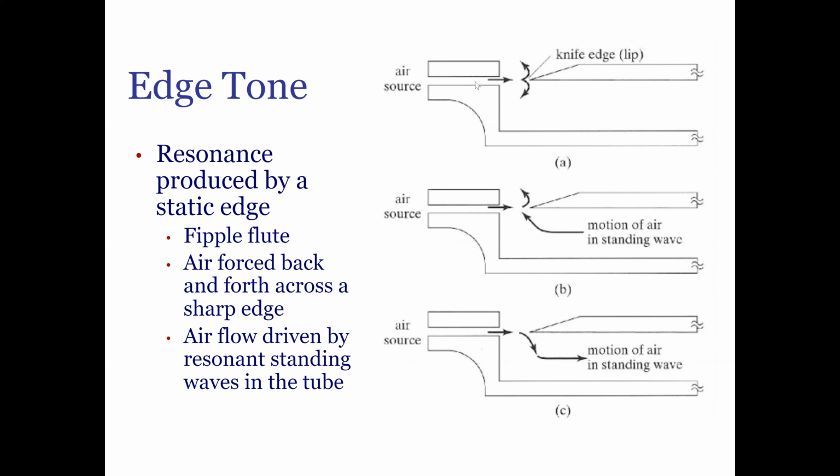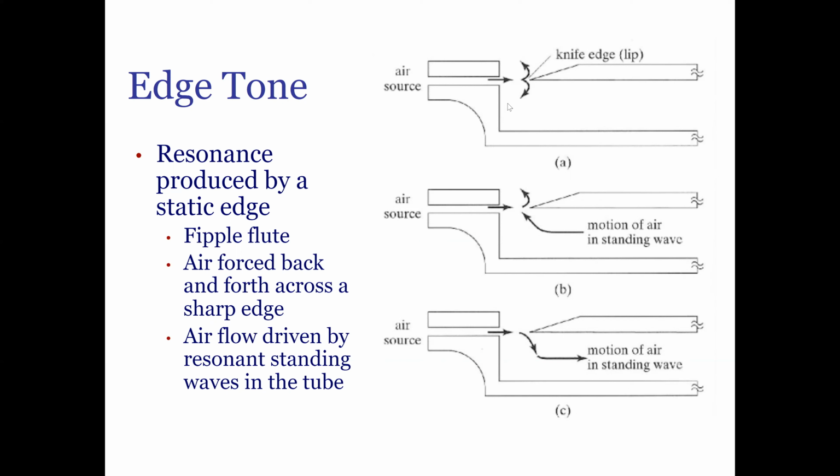And this turbulence is going to create a bunch of available frequencies that can match the resonances of the tube that it's attached to. So they mentioned a fipple flute here. I think that is this piece combined with this piece would be a fipple flute.